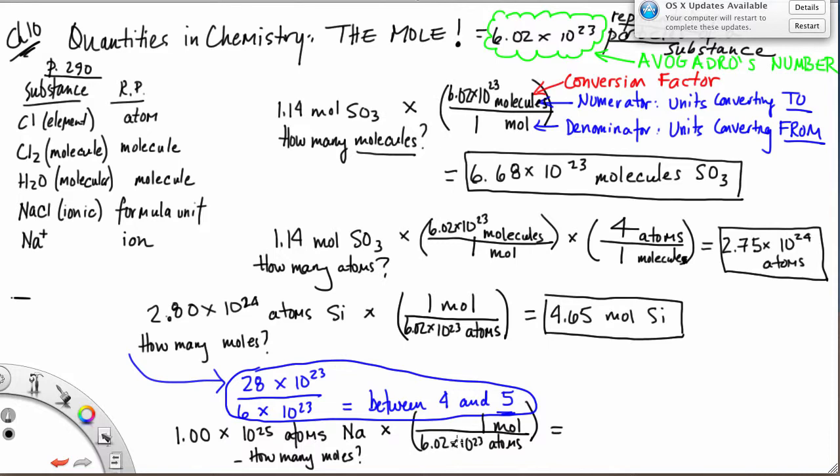So 1 times 10 to the 25th divided by 6.02 times 10 to the 23rd equals 1.66 times 10 to the first power. Okay. And my units are moles of sodium.